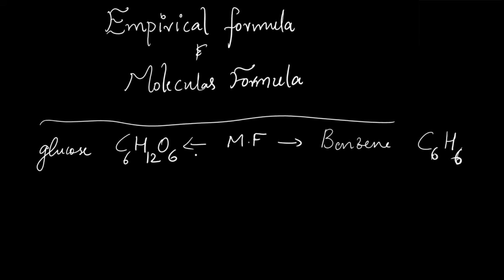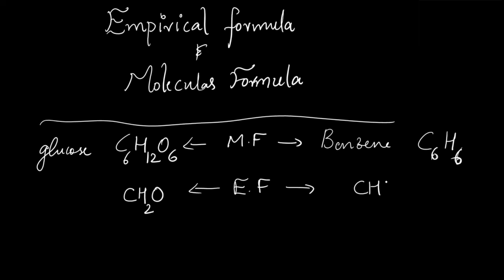Now I'm going to write the empirical formula. Then you have to tell me what is the difference between molecular formula and empirical formula. The empirical formula of glucose is CH₂O and that of benzene is CH.